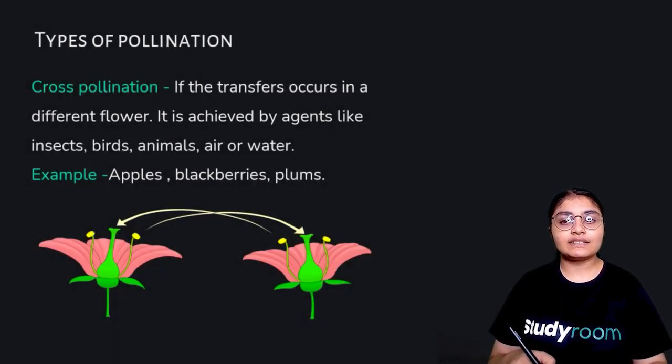Now the next is cross-pollination. If the transfer occurs in a different flower, it is achieved by agents like insects, birds, air or water. Examples are apples, blackberries or plums.